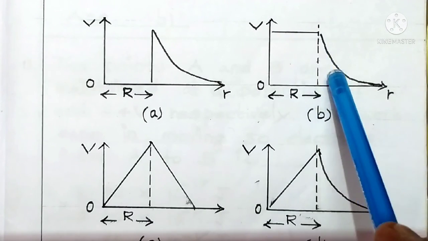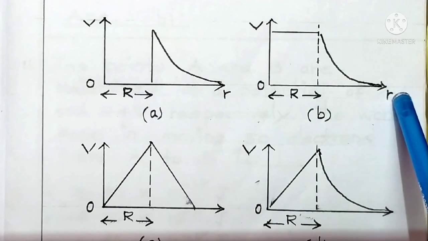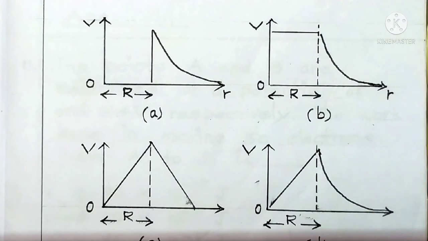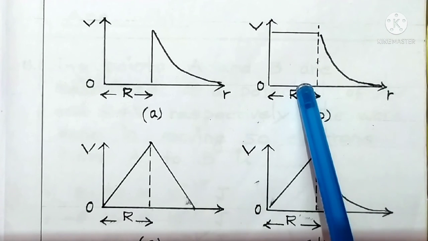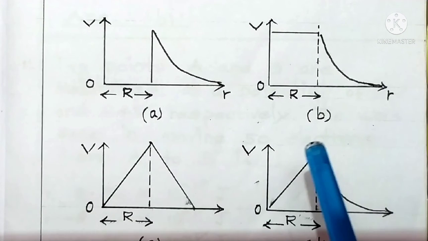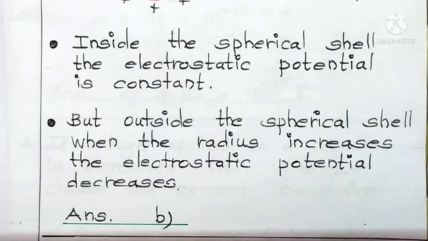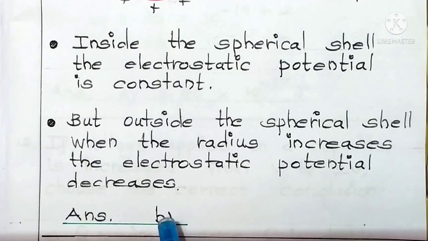But outside the spherical shell, when the distance R increases, the electrostatic potential decreases. This is the right option. That means the answer for this question. So, option B is the correct answer. The graph which is given beside the option B is the right answer for this question.